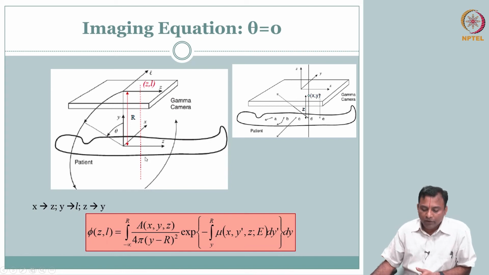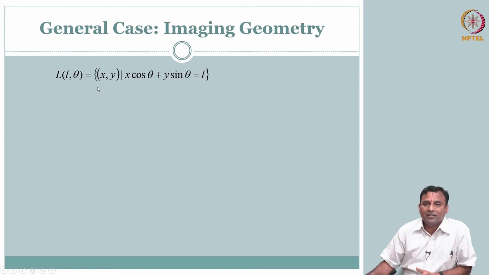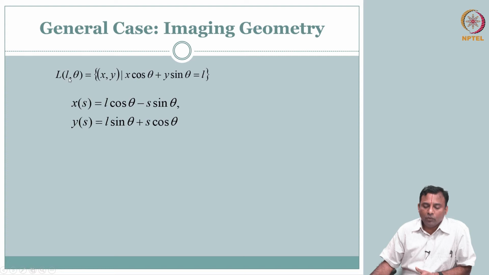Okay. So, with this case that we have, we should start to write our imaging equation. How do we do it? Initially we know, looking at the system, your L can be written in this parametric form. We covered this even when we did the CT. But here what you notice is we want to vary. We could write it in terms of S. What we have right now is theta equal to 0.